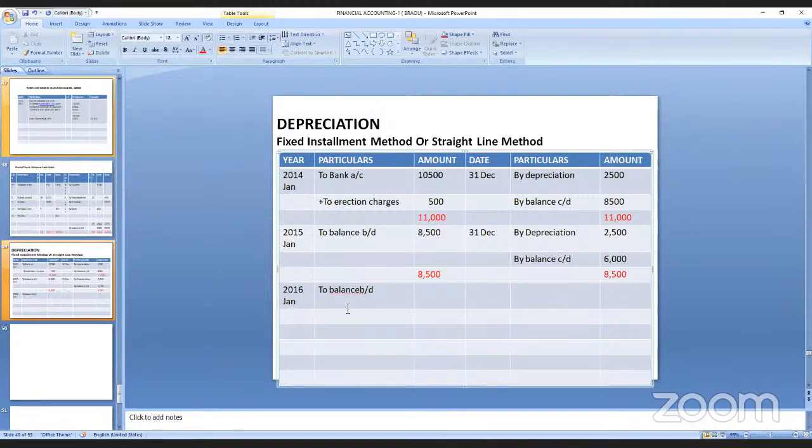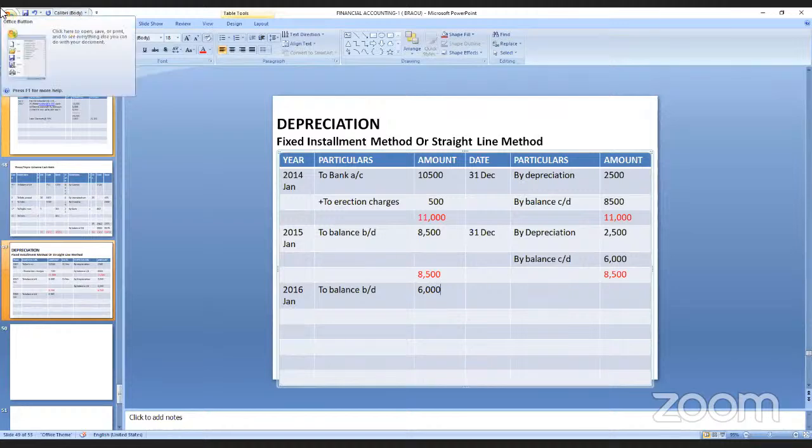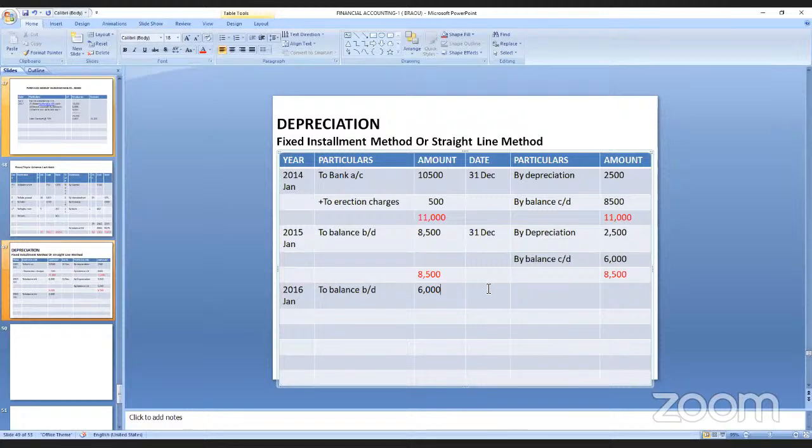What is the balance brought down amount? It is 6,000. This year's closing balance will become the next year's opening balance.